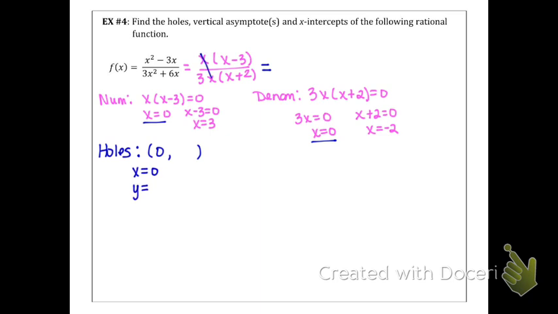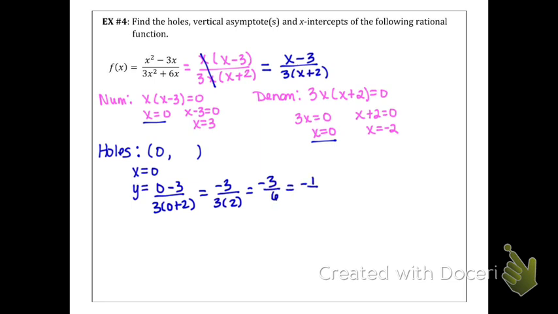So I'm going to keep going on this. These x's would cancel. I'm left with x minus 3 over 3 times x plus 2. So that's the equation I'm going to plug into to find my y value. So I'm going to plug in that 0 minus 3 over 3 times 0 plus 2. And I got negative 1/2. So that means I have a hole at 0, comma, negative 1/2.